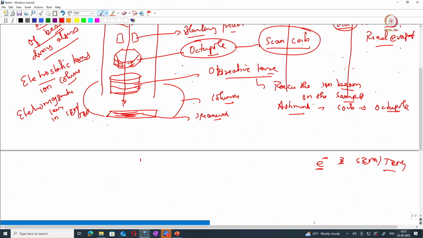But in the case of ion microscope or ion beam microscope, you use ions, for example gallium plus ions. Now, in electron microscopes you use electromagnetic lenses, but in ion beam you use electrostatic lenses.